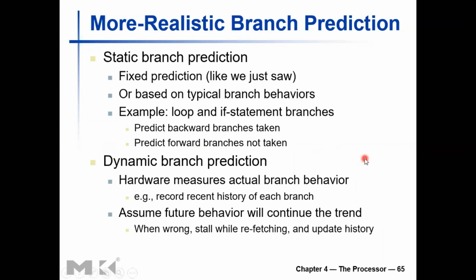So dynamic branch prediction is where you have additional hardware in the microarchitecture which computes how the recent branches have been decided, whether the recent backward branches have been taken during, say, the last 10 branch operations.